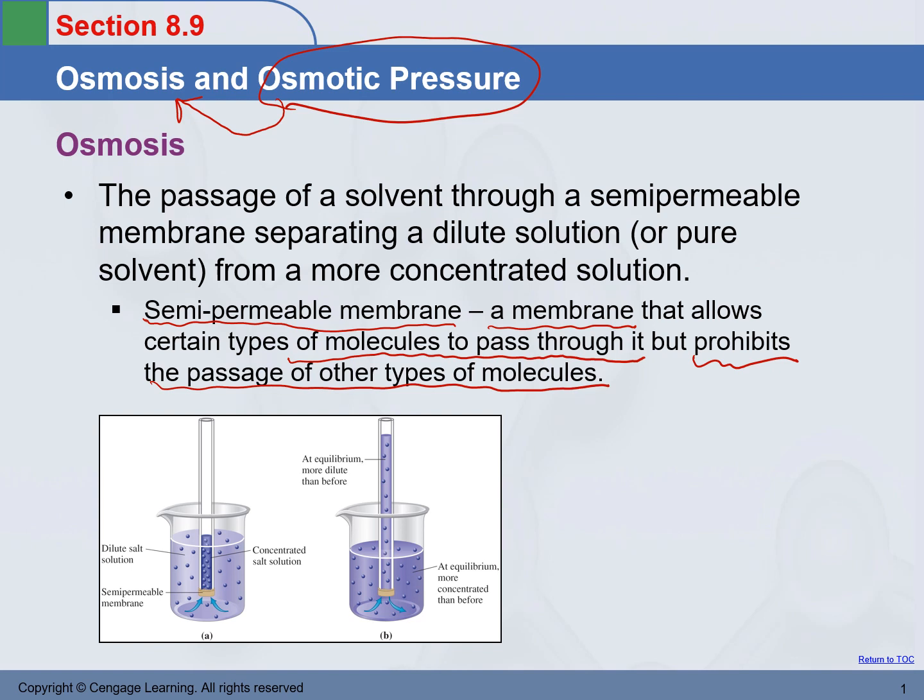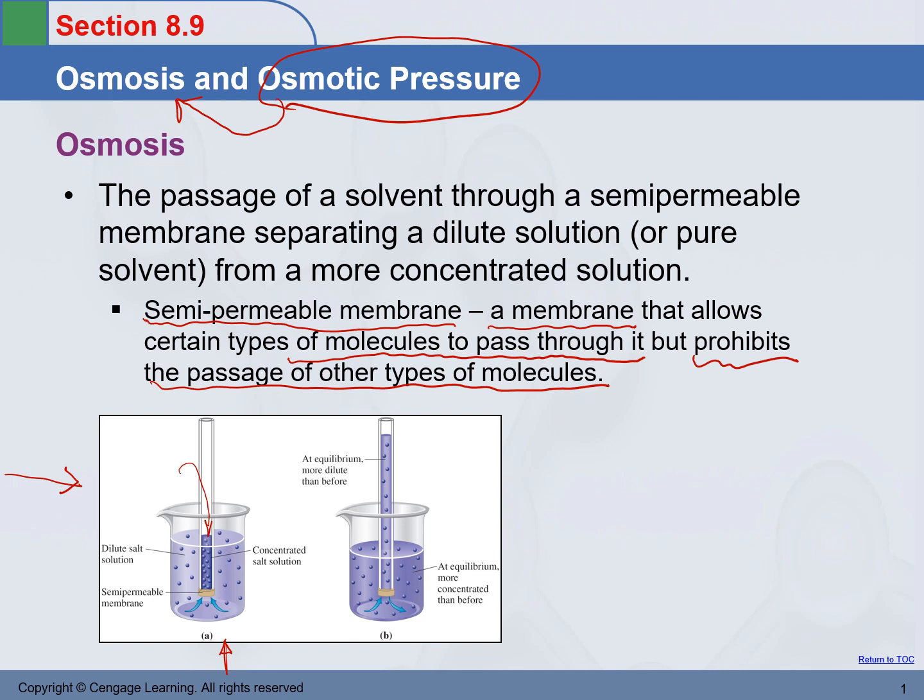All right, let's look at this picture here to talk about the osmosis process. It starts from beaker A. In beaker A, we have a dilute solution, either a dilute solution or a pure solvent. Inside the tube, we have more concentrated solution.